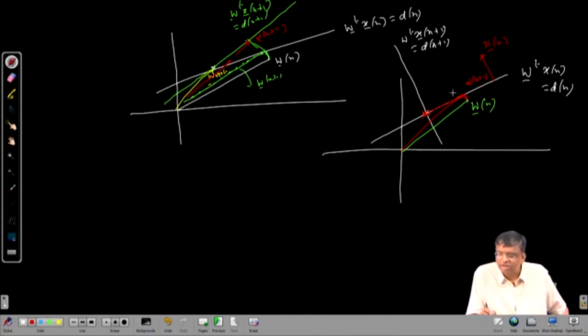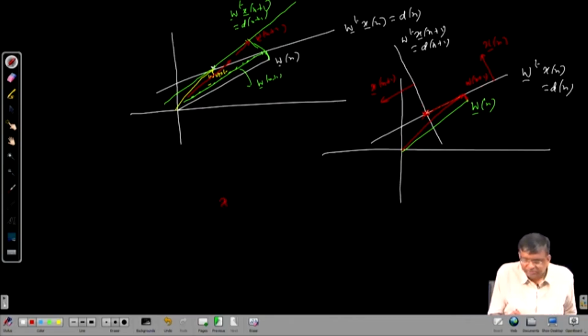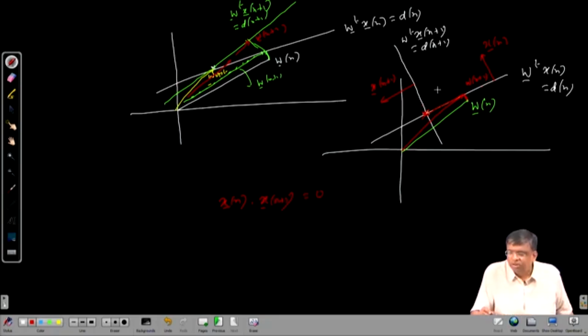When the two planes are at 90 degree, or equivalently, if it is x n for this plane, the x n plus 1 vector will be in this direction, 90 degrees to each other. It could be in the opposite direction or this direction, does not matter, the angle will be 90 degree, I mean from the diagram only you can see.